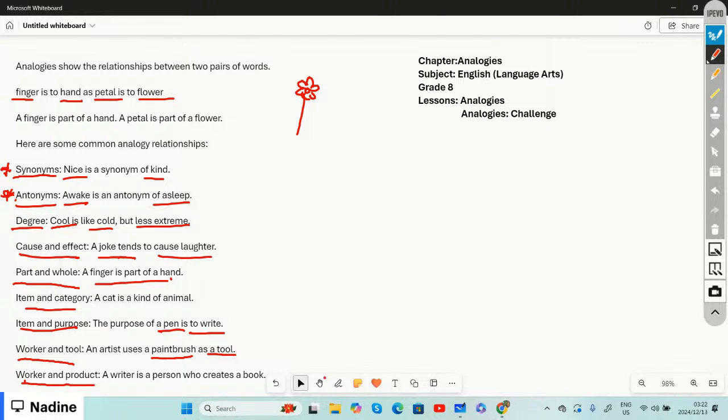All right. So these are but a few examples of analogies, right? And analogies, we said, show the relationship between two pairs of words.